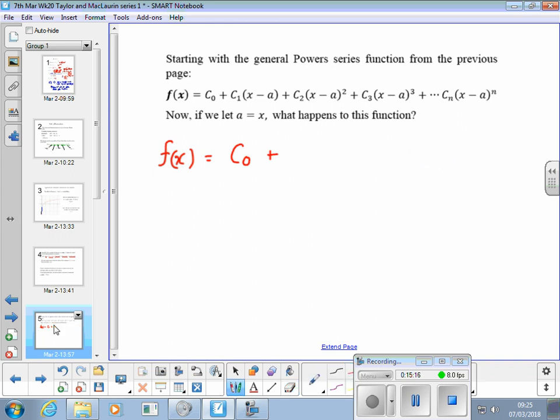Making a equal to x means all the later terms are multiplied by 0.